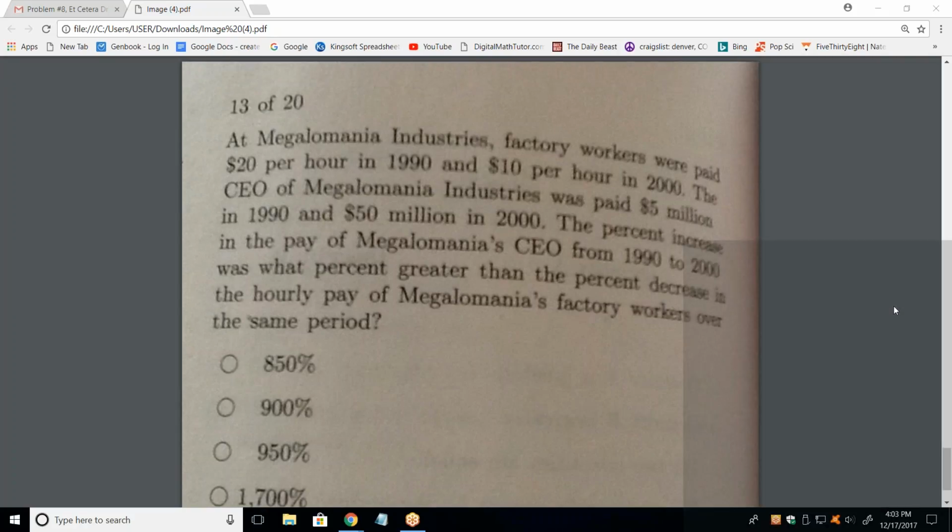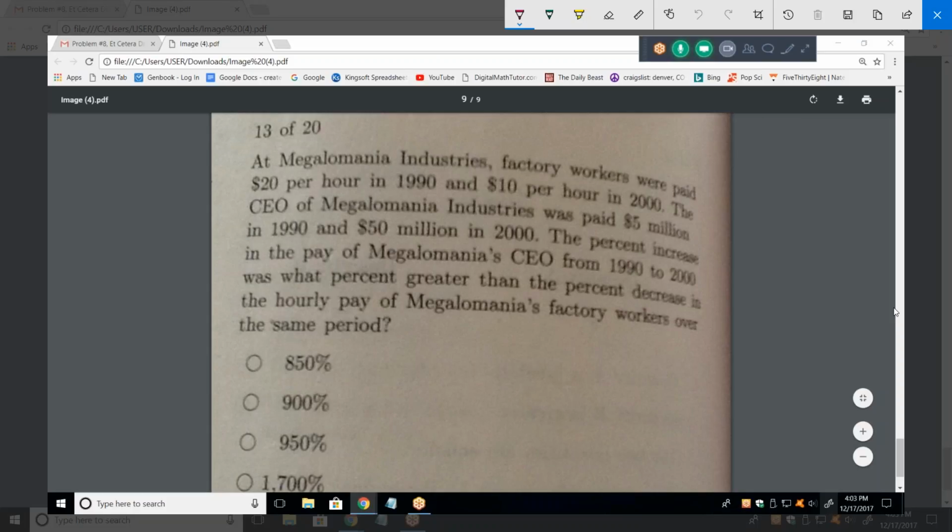Percent increase. Oh gosh. Well, this is pretty easy. So let's start here.